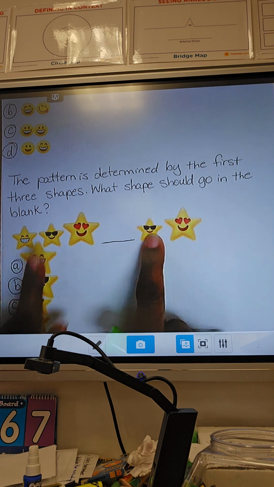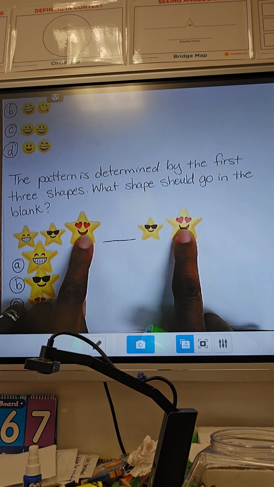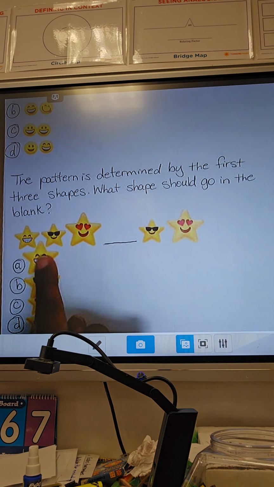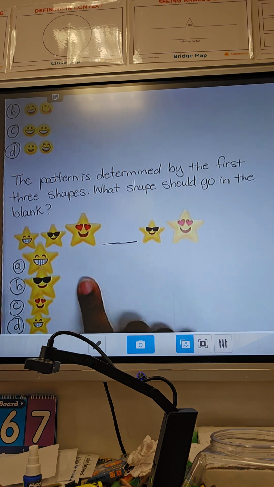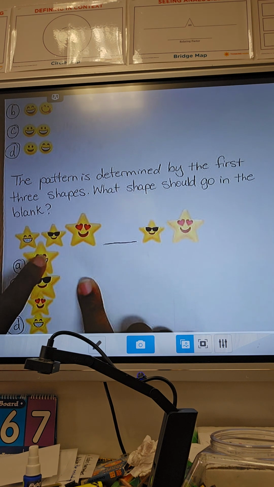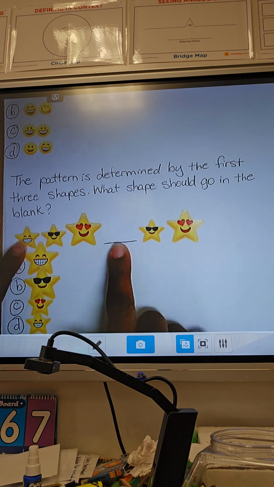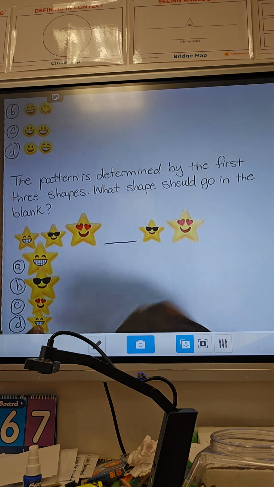You got the shaded one, and you got the smiley, the heart one. What goes here? Some people would mark A, but be careful because A is much bigger than this star. So it wouldn't be A. It's too big. The only big one is the heart one. What goes here? The small one. So your answer would be D.